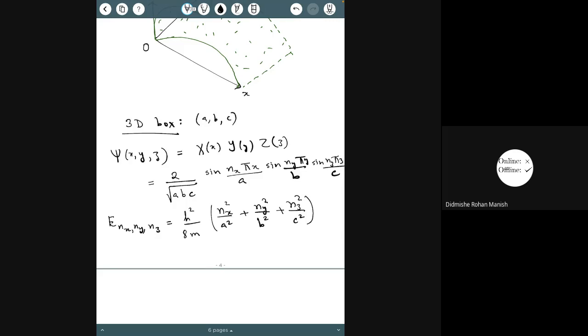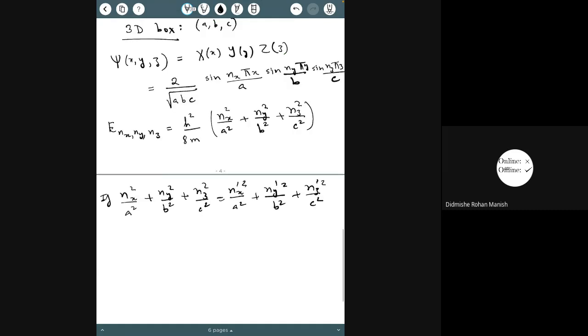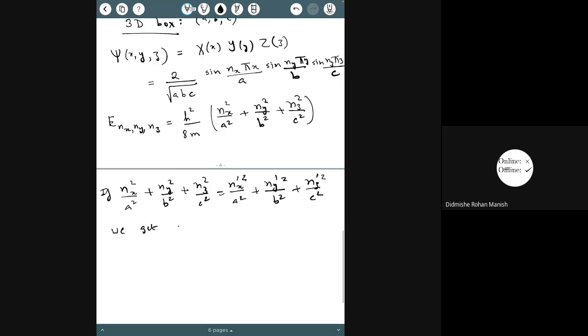And you can see that when we go to the 3D box, my degeneracies will increase because now you have more possibilities. So if nx squared by a squared plus ny squared by b squared plus nz squared by c squared is equal to nx prime squared by a squared plus ny prime squared by b squared plus nz prime squared by c squared, we get multiple degeneracies.